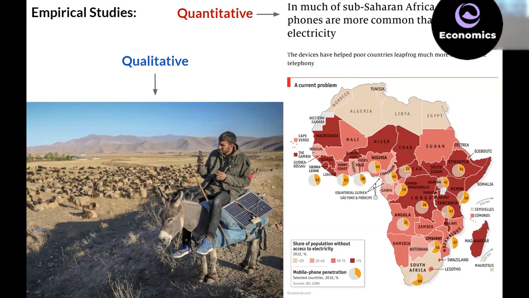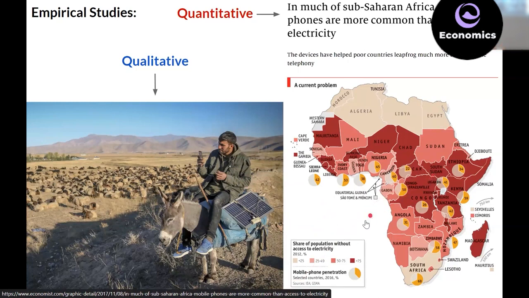The Economist magazine featured an article built on someone else's quantitative research. Let's just focus on sub-Saharan Africa. What is the share of the population without access to electricity, with no connection to electricity in their house?